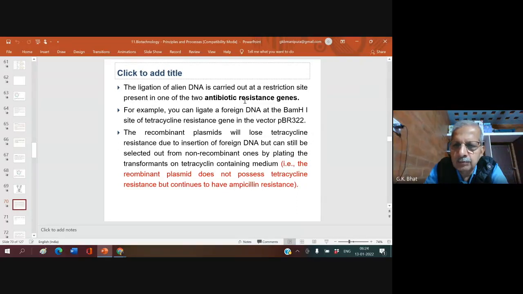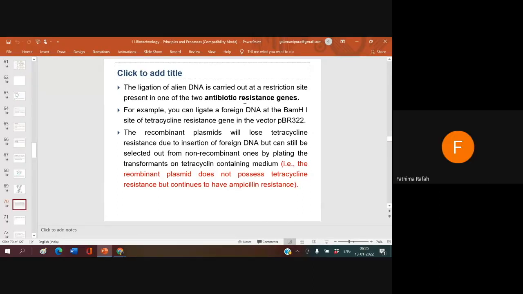Which are the two antibiotic resistance genes? Ampicillin and TetR.